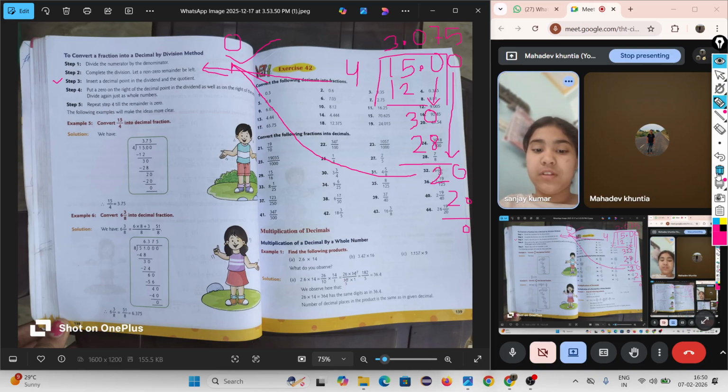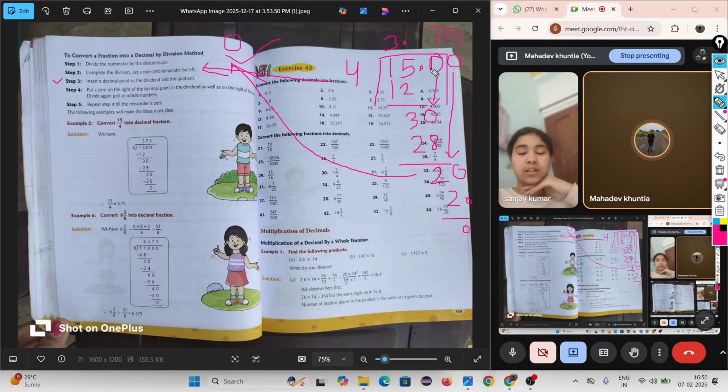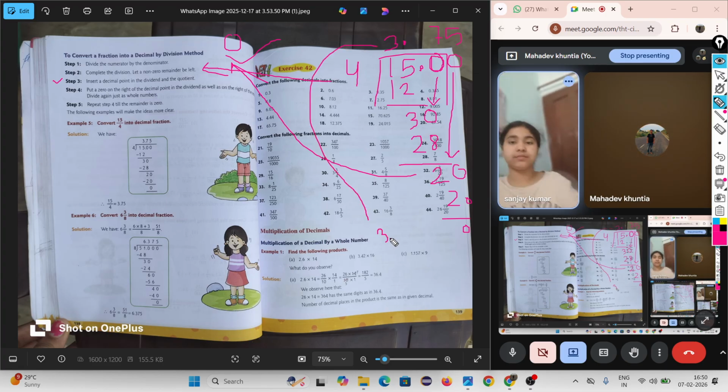I'm telling it wrong here. Wait. You have to put the decimal point in both dividend and quotient, but you have to put 0 only in the dividend. Okay? Then your answer is 3.75.